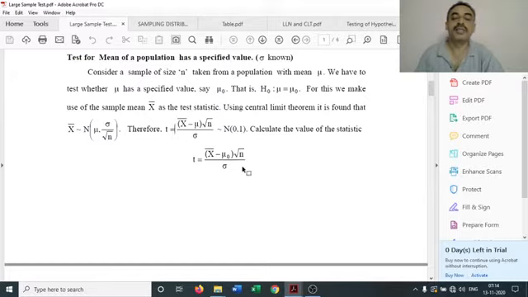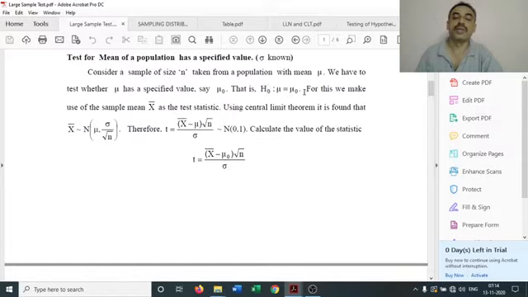The first step is setting the null hypothesis, that is, H0: mu equals mu 0, versus its alternative hypothesis. In the null hypothesis, there must be a fixed value for the parameter, and the alternative hypothesis is fixed according to the required test.